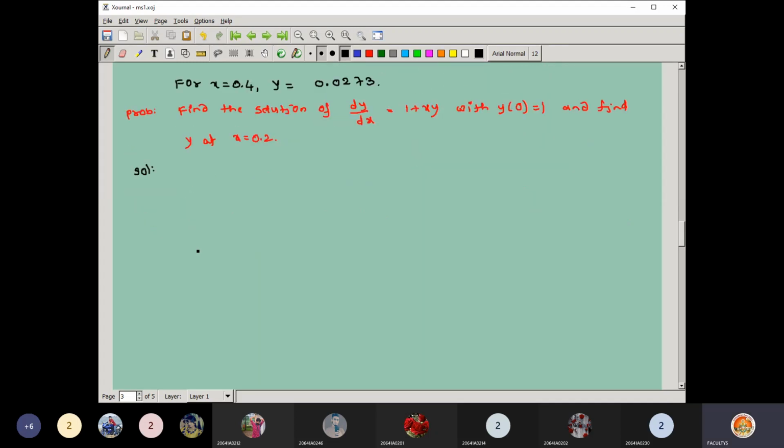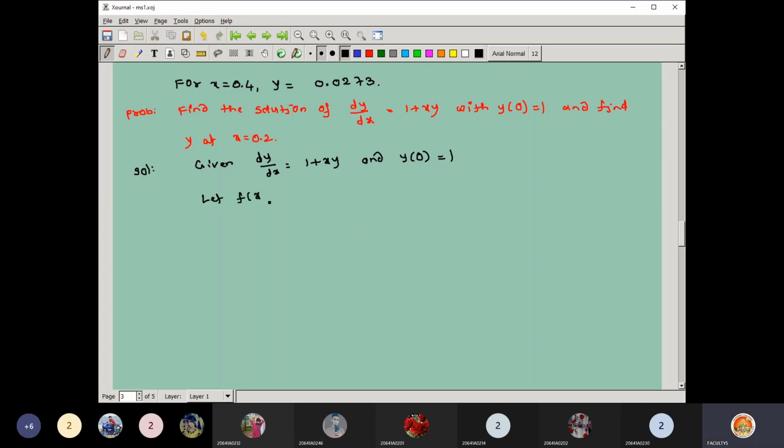So you are using Picard's approximation method in order to get your answer. Given dy by dx equal to 1 plus xy, and condition y of 0 equal to 1.